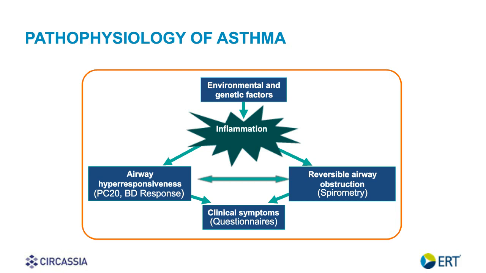We can do bronchodilator response. Of course, the challenge testing comes with its own difficulties trying to do that in a clinical or research setting. For reversible airway obstruction, we can measure spirometry. For our symptoms, we generally are using questionnaires. And then for inflammation, it's been very hard to do things in the past because other than using invasive methods, we haven't had anything easy to use. And that's why we're going to be focusing on FeNO today.